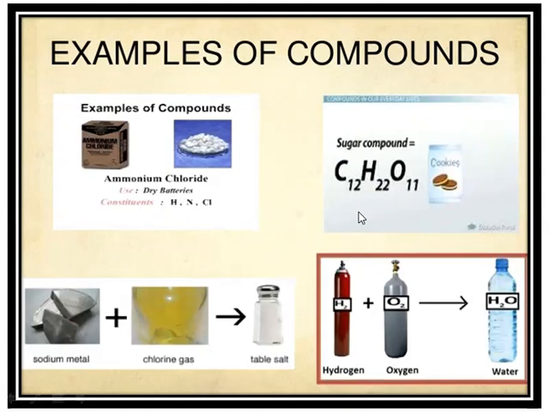The constituent elements are carbon, hydrogen, and oxygen. The third one we had discussed, sodium and chlorine, the constituent elements forming common salt or table salt, sodium chloride. And the fourth one, water, having constituent elements hydrogen and oxygen respectively.